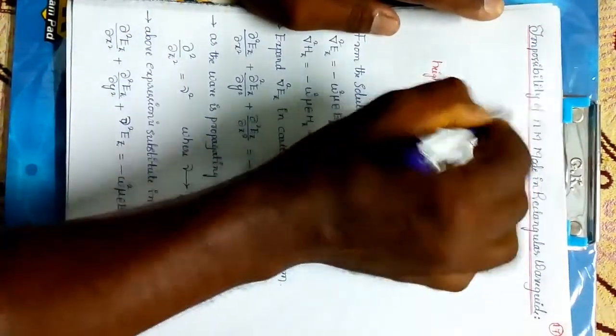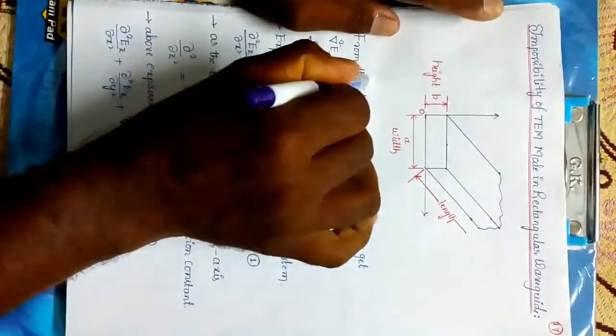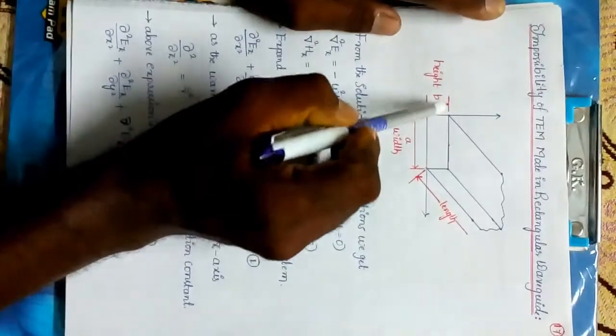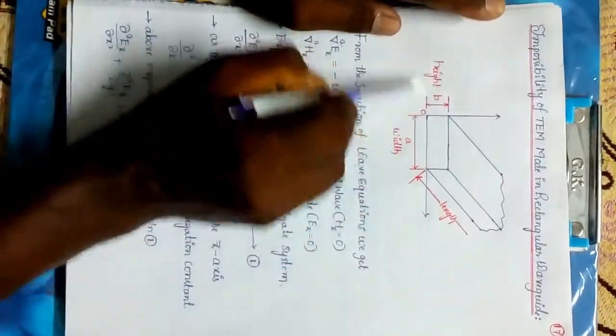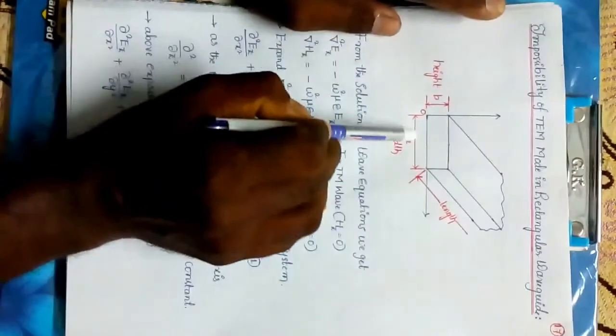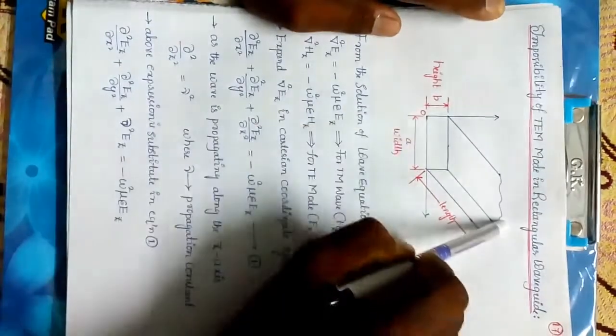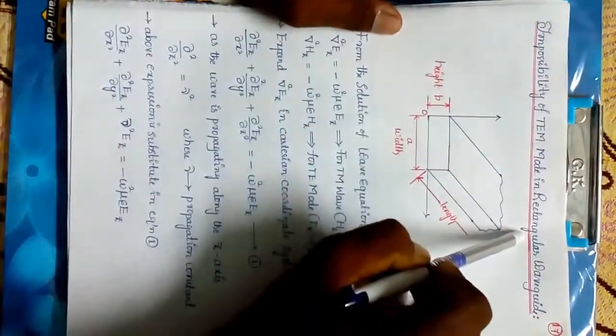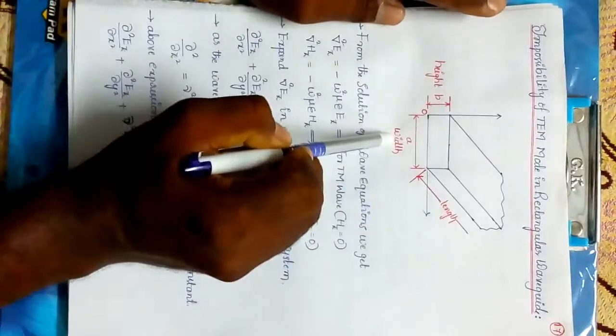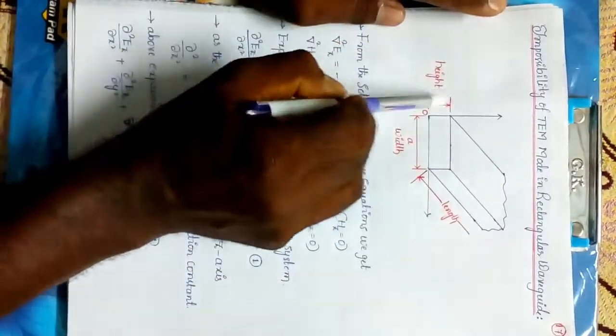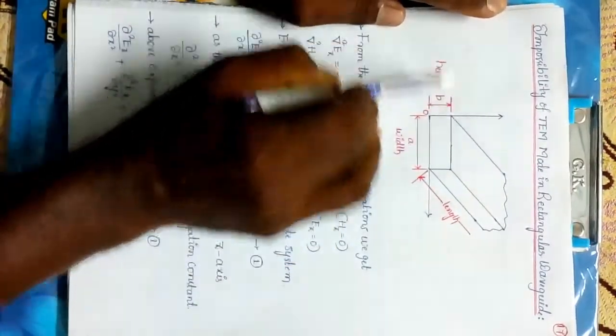You are usually taking x, y, z, but instead of this I am taking this one only, because it is compatible. Here the width I am taking as a and the height as b. Always remember, width is a, height is b.